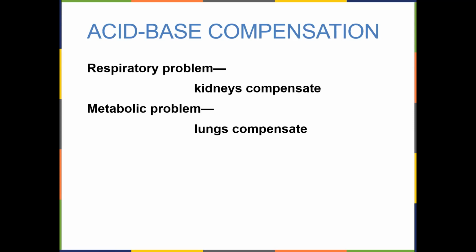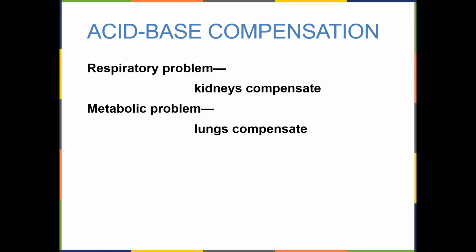The lungs are trying to fix it by breathing rapidly to blow off the CO2, which isn't really there. So whatever the problem is, the other system tries to fix it. If it's respiratory, the kidneys try to fix. If it is metabolic, the lungs try to fix.